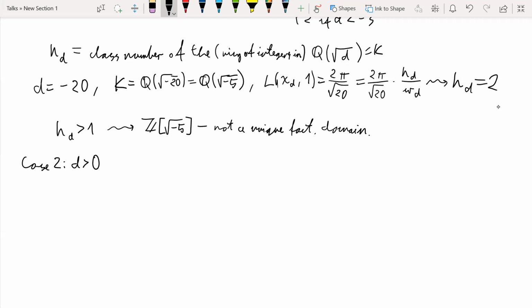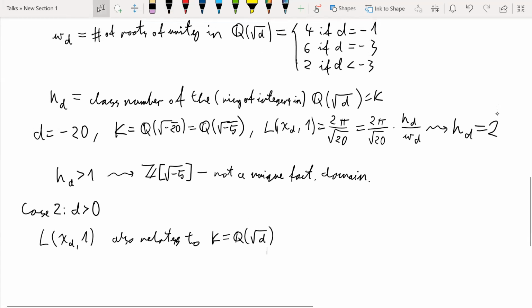So in this case, L of chi d also relates to the arithmetic of the field k, which is this Q adjoint square root of d. And in fact, it also involves the class number, but it will also involve another quantity.